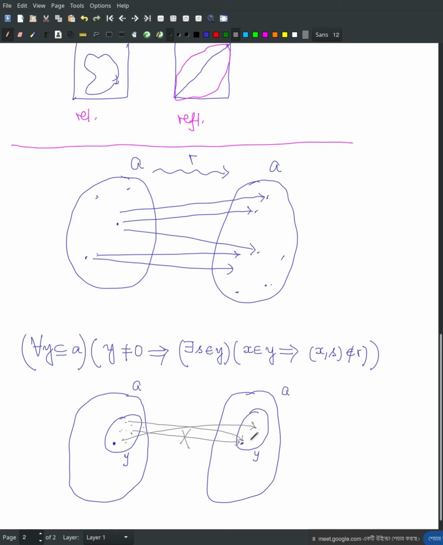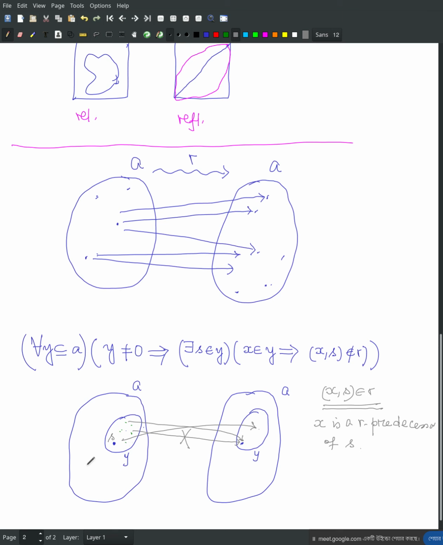So, if this is my S, let us use this: X is an R predecessor of S. So it says that there exists an element of Y which doesn't have any predecessor in it.